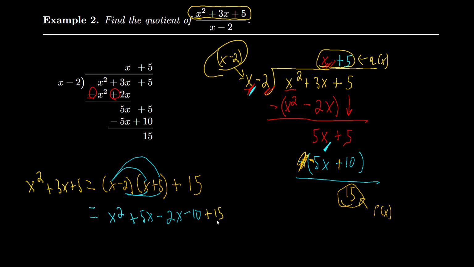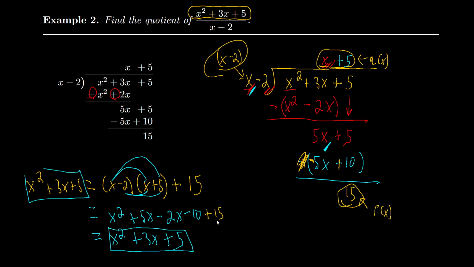So if you just do this math real quick, you'll see pretty plainly that you get x squared plus 5x minus 2x is a plus 3x. And then minus 10 plus 15 is plus 5. And look here, that is exactly this. They're the same thing.